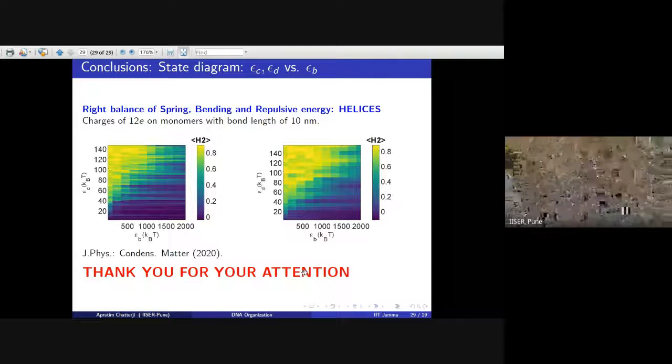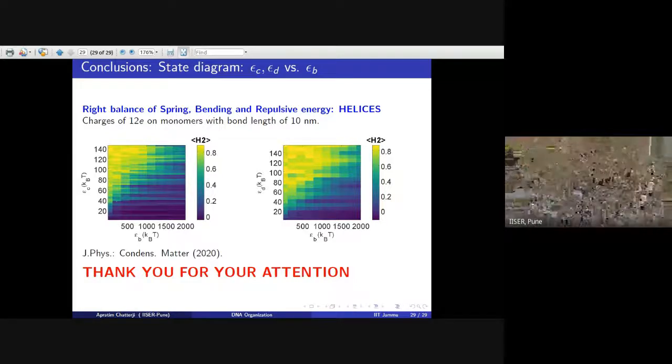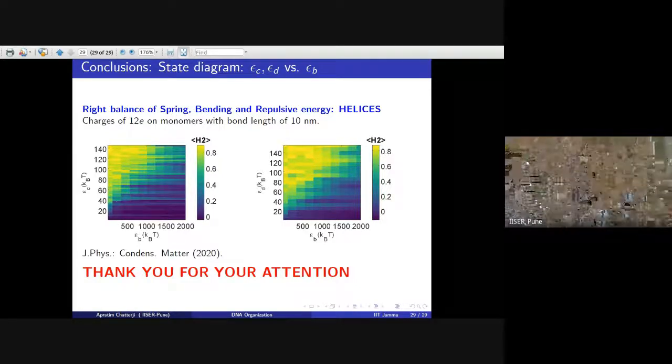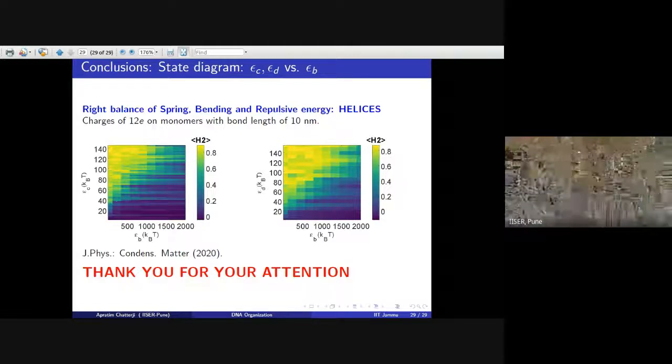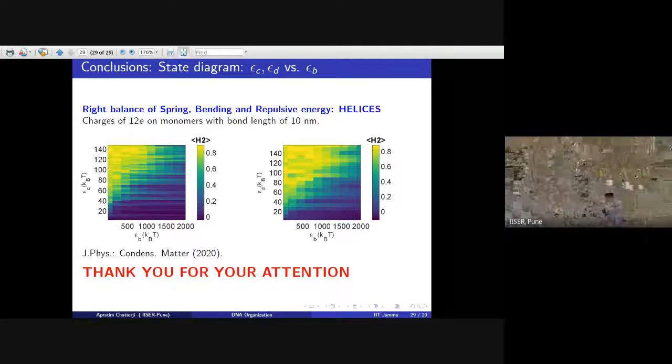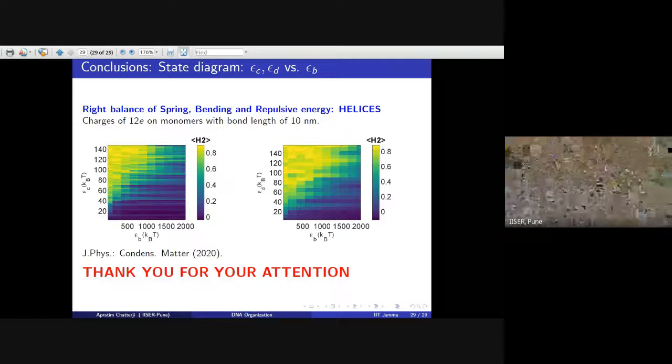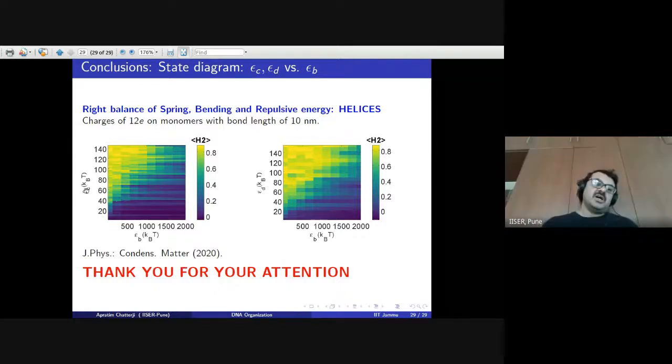So what I want to finally say is, both the semi-flexibility, the finite bending energy, is important for the formation of helices. So is strong Coulomb repulsion, or 1 by r cube repulsion.